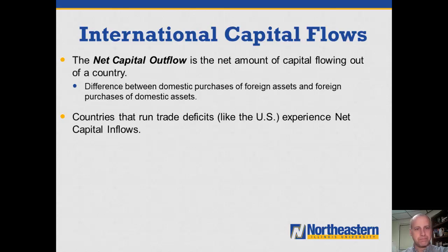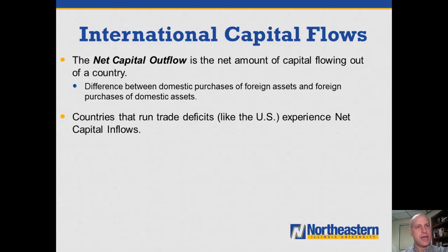slides. The net capital outflow is the amount of capital flowing out of a country. This is the difference between the domestic purchases of foreign assets and foreign purchases of domestic assets. In the United States, we run trade deficits, which means that there are net capital inflows.